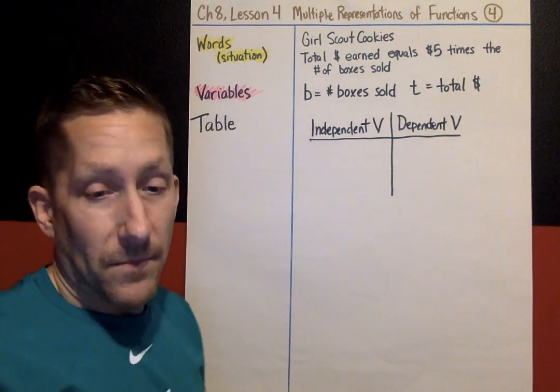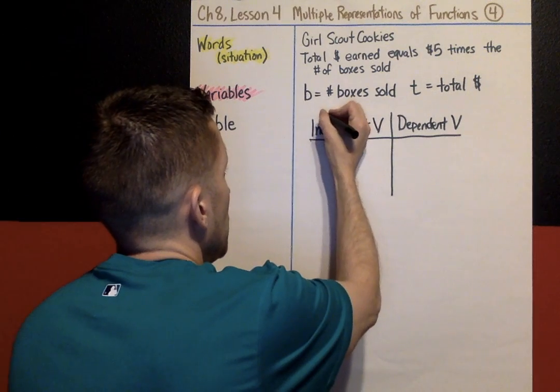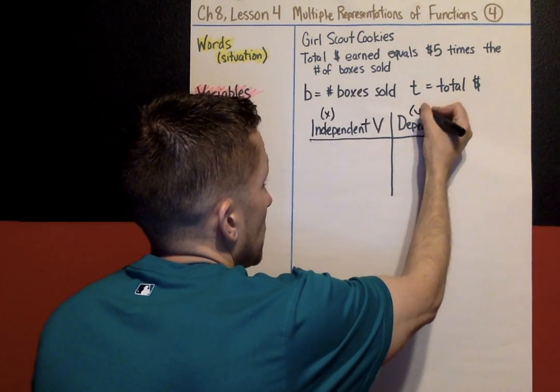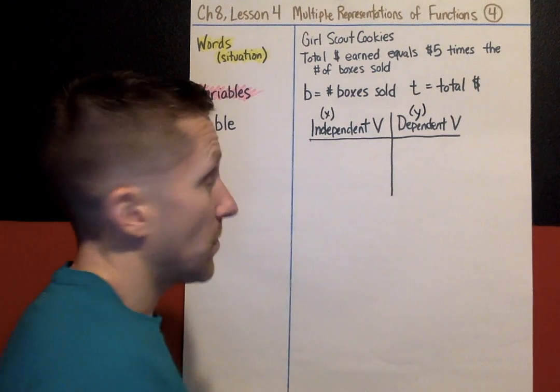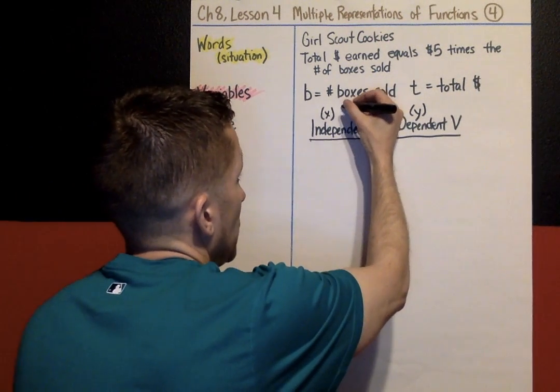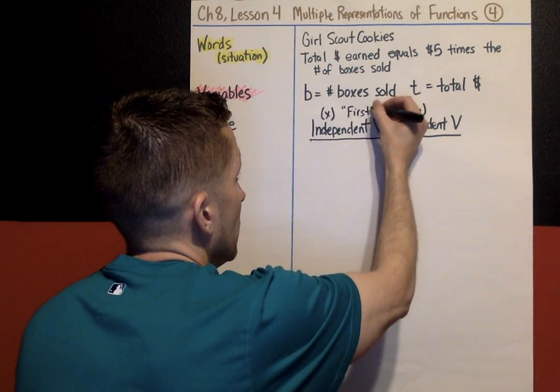And again, the independent variable corresponds to the x value. The dependent variable corresponds to the y value in ordered pairs. And also the independent, I'll just put, usually occurs first as a reminder.